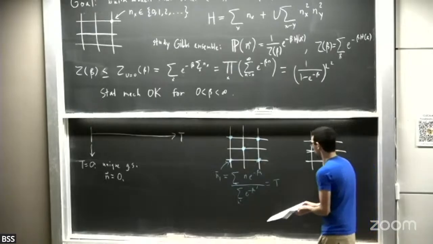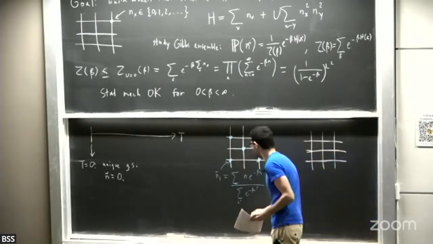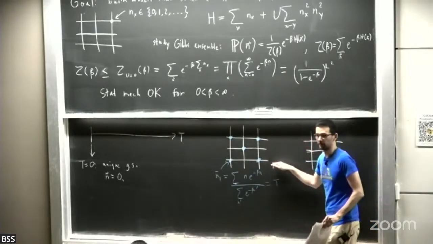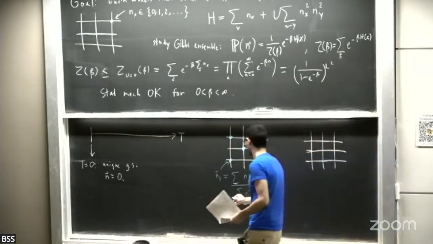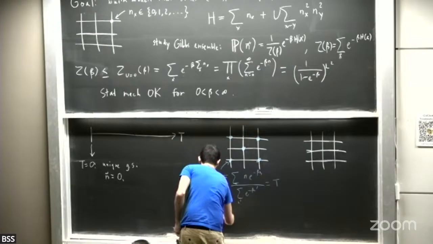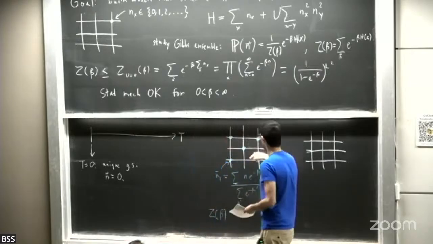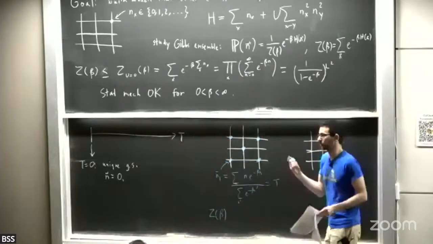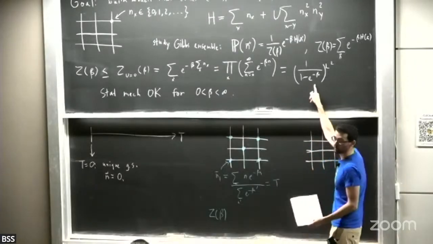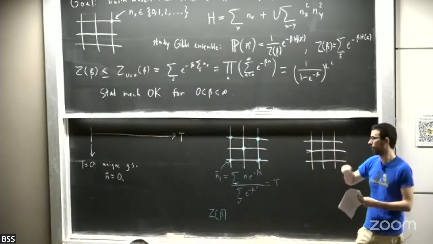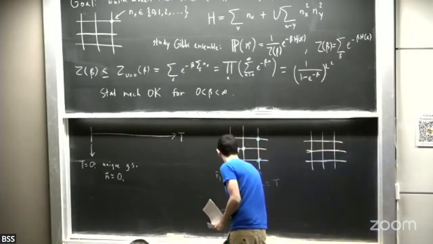Okay, so now if we estimate the contribution of these configurations to the partition function, well, we can only occupy every other lattice site. So L squared over 2 lattice sites are occupied. But then we just have this partition function for all the 50% of sites that are occupied.